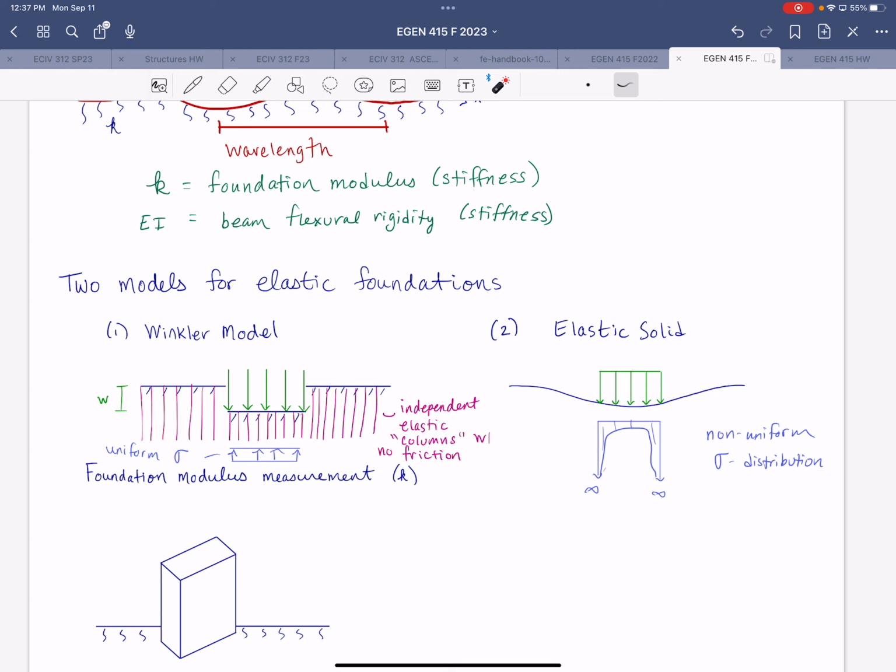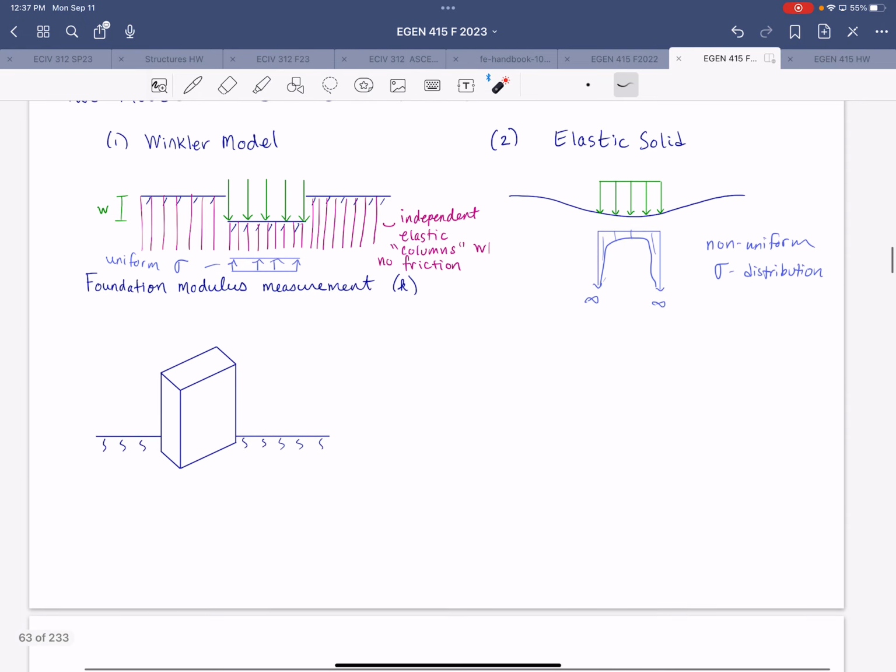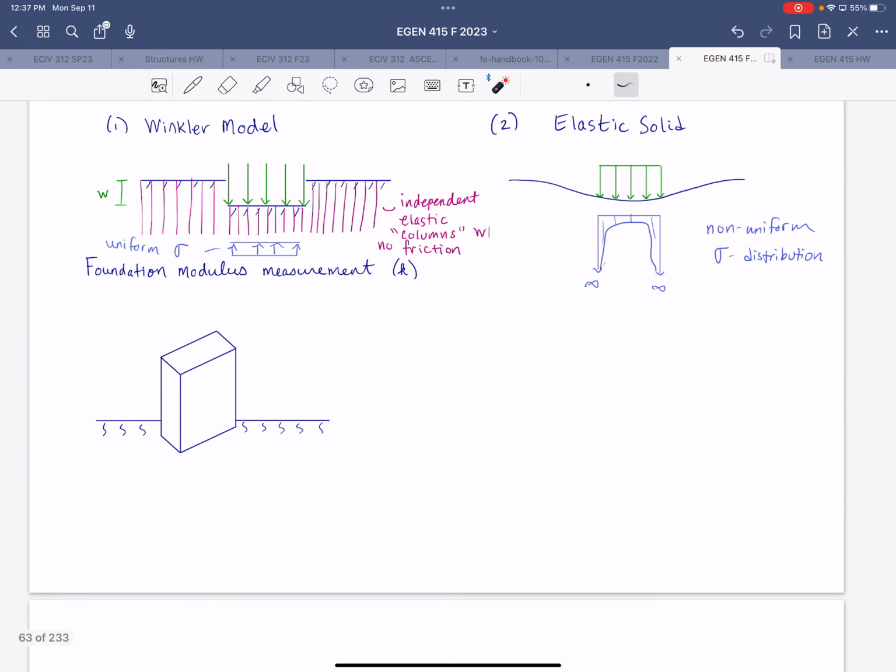In addition, the author was saying, and this was written a long time ago, that there have been a lot of studies showing that in some cases, a lot of soils will actually exhibit behavior that's more aligned with the Winkler model anyway. So it's not a perfect model, of course, but it might be even a better representation than some of the more advanced models out there. It's nice when we can justify using the simplified model like that.